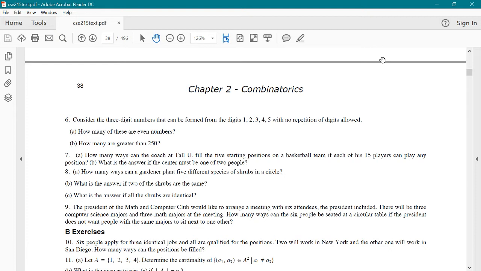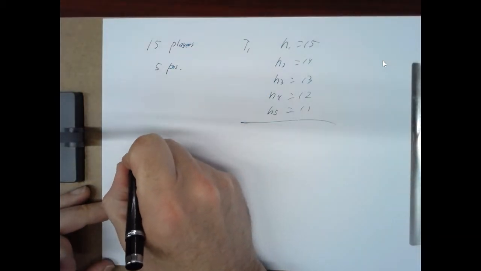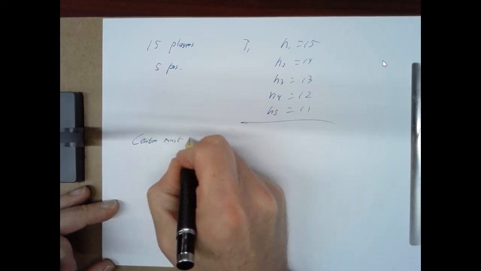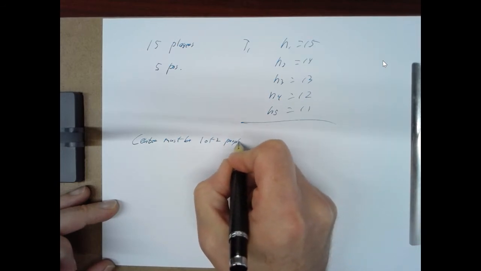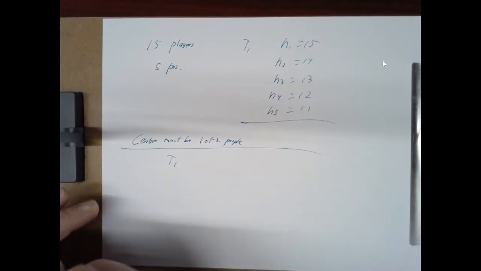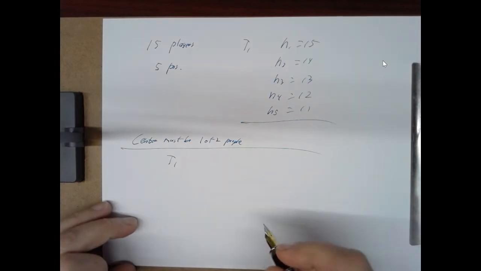For the second part, the center must be one of 2 people. Okay, so the center is one of the positions on a basketball team. So the center must be one of 2 people. So let's pick the center first. So task 1 is picking which player is going to be the center, right? And how many ways can you accomplish that task?